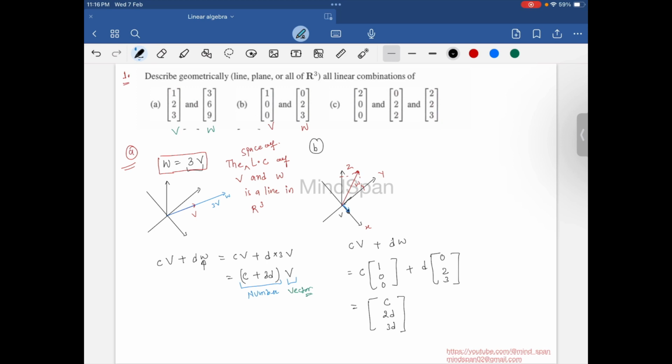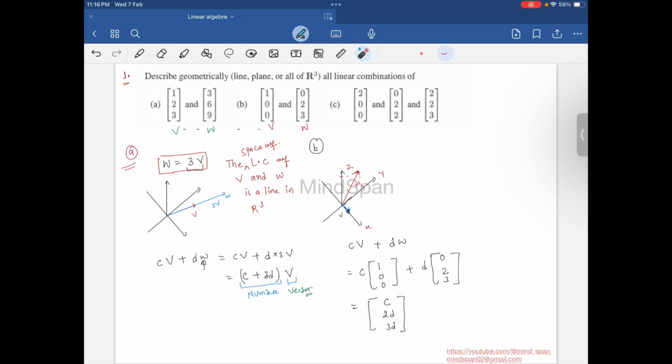right? So you can pick any value of c and d. So what you will get is a plane, right? You will get a plane that will be passing through the origin, because you can take the value of c as 0 obviously, and d as 0, right? So c and d is 0, then this vector is going to be 0, right?